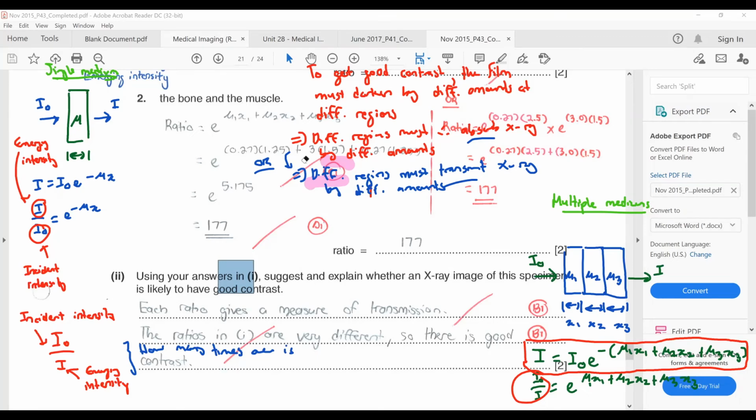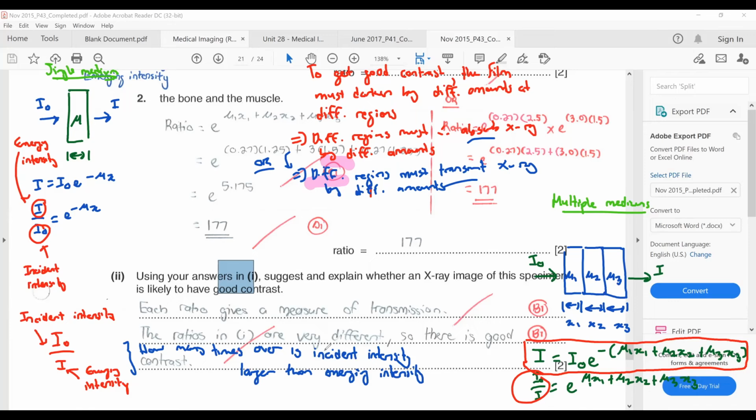This one is telling you how many times over the incident intensity is larger than the emerging intensity.